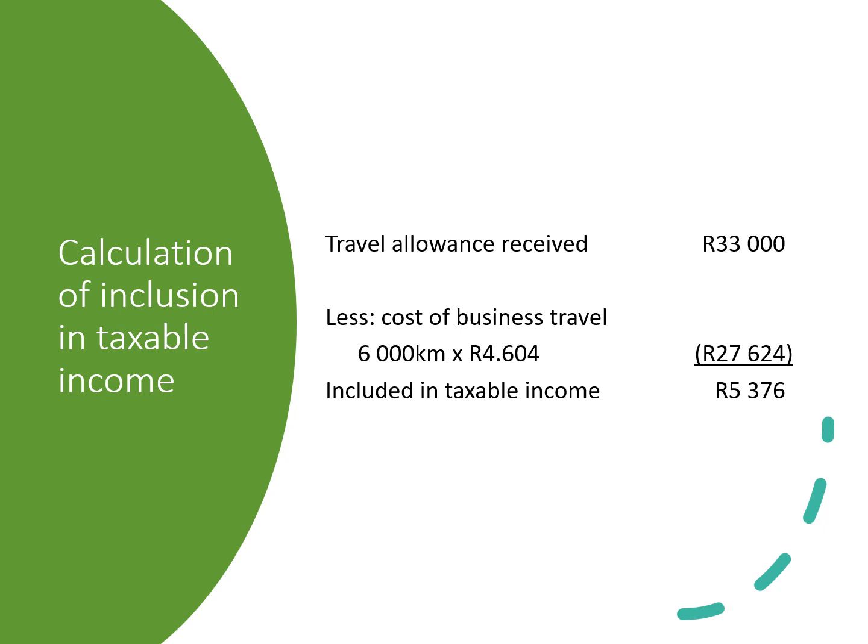And that then gives you a total deduction of 27,624 Rand. And what then is included in taxable income is an amount of 5,376 Rand.